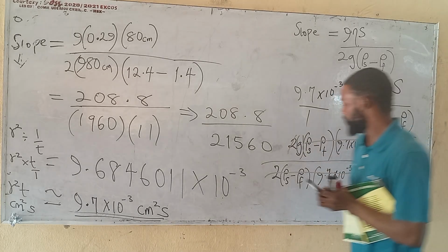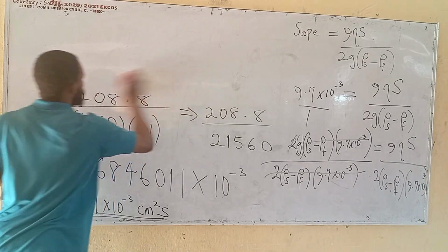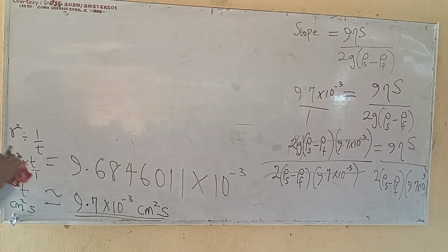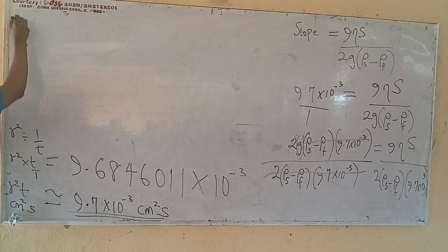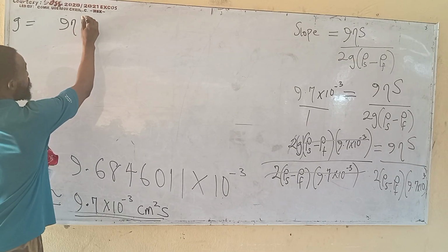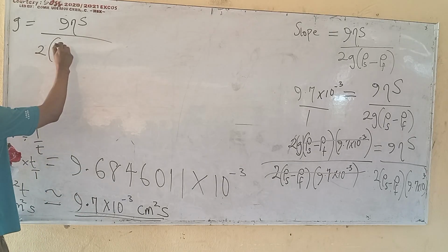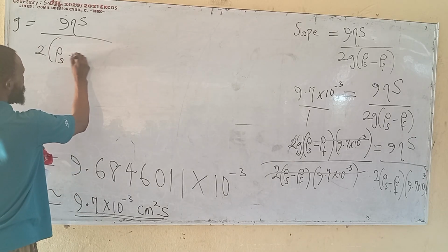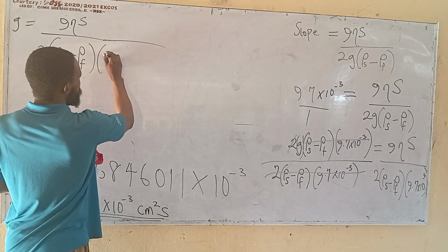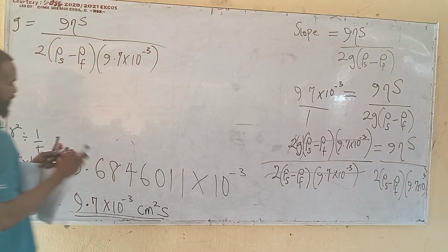So I'm now having g equals 9 eta times displacement all over 2 times (rho of sphere minus rho of fluid), then 9.7 times 10 raised to the power minus 3.